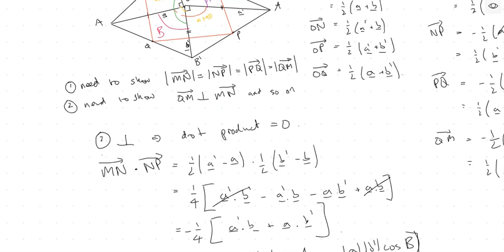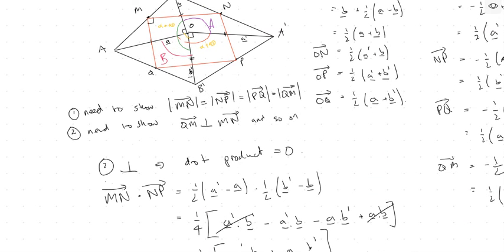So just to review that, zoom out a little bit. I have already shown that the lengths of the midpoints are all the same, so mod of MN is equal to mod of NP. Now I'm trying to show that when you dot MN and NP together, you get 0. Dot product is 0, and that means that there's right angles at each of them.